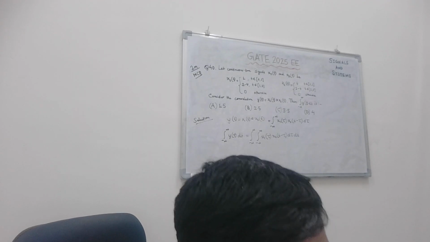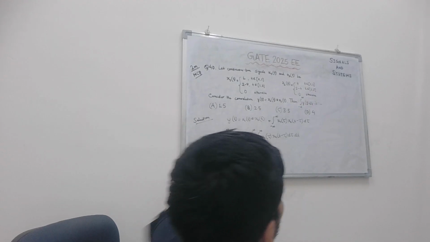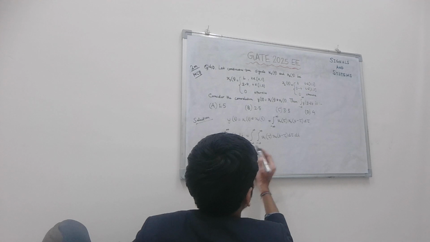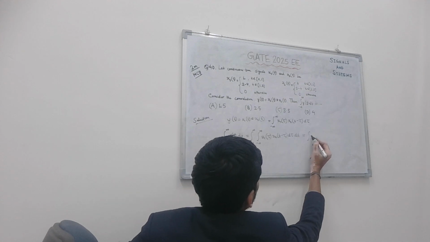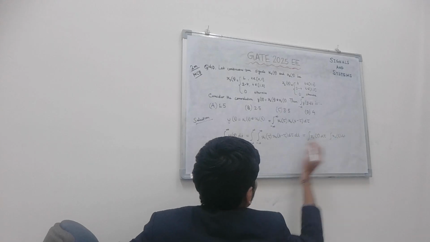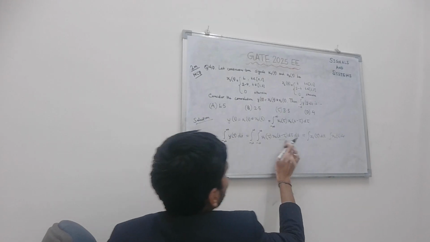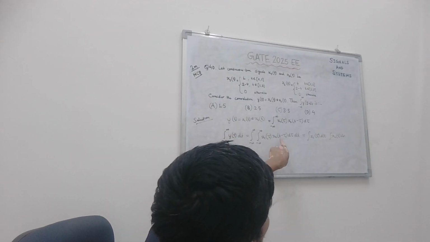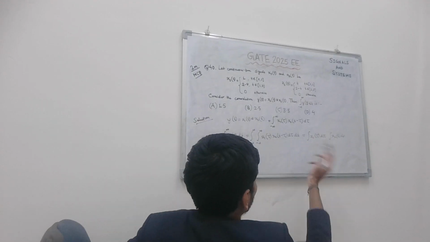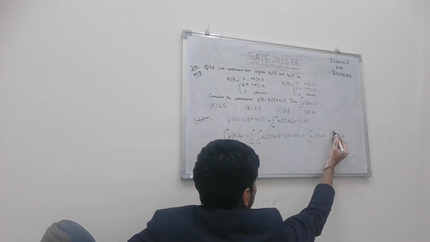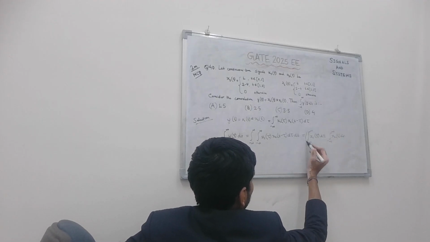Now if you look at this carefully, this integration simplifies to the product of the integrations like this, x1(tau) d tau and x2(t) dt. This is a running integral, and for the whole range of minus infinity to infinity, it is a multiplication.